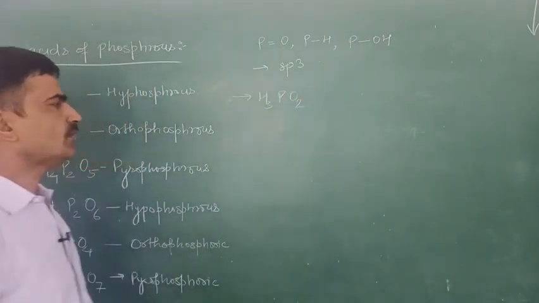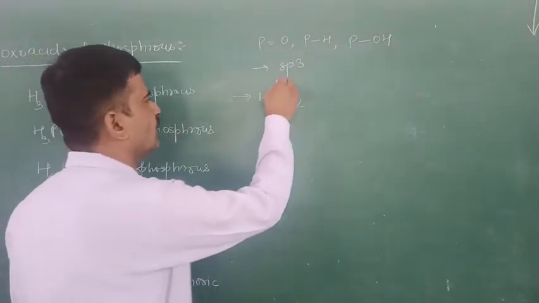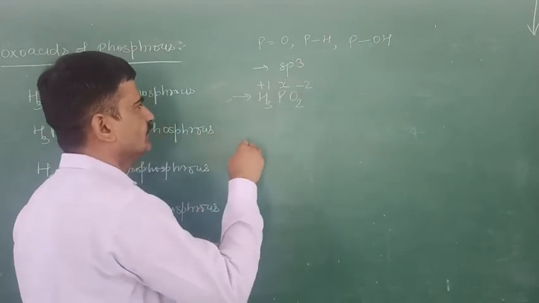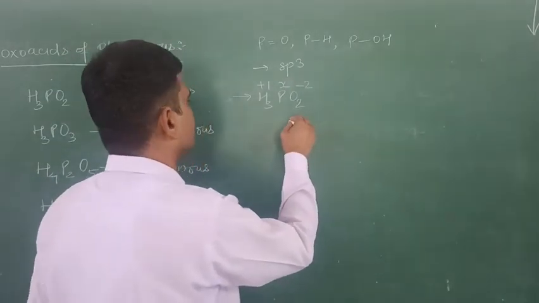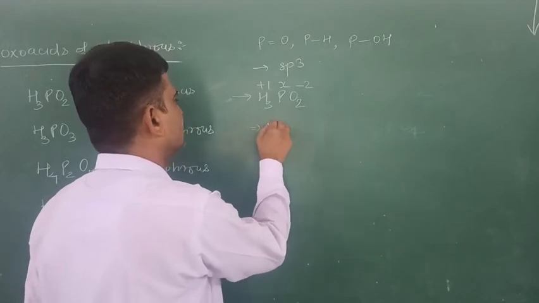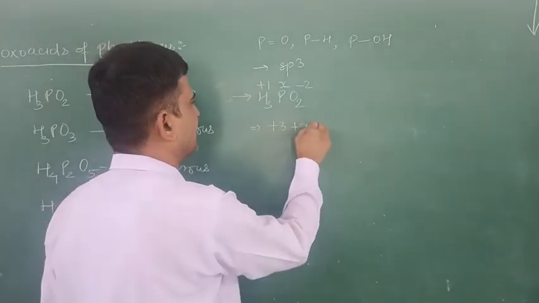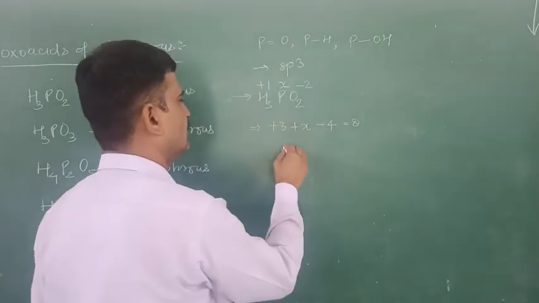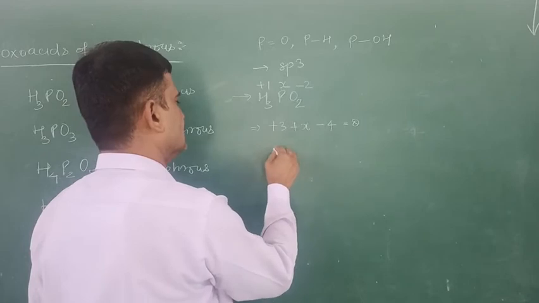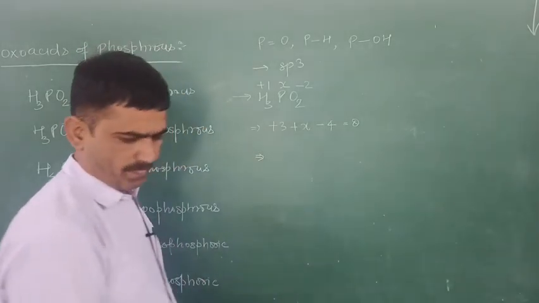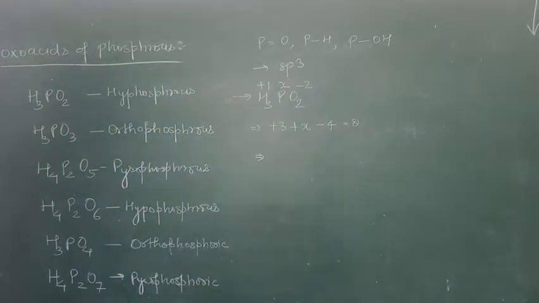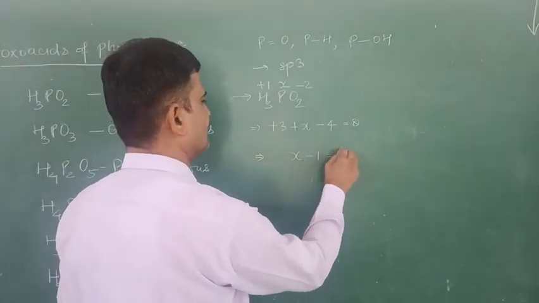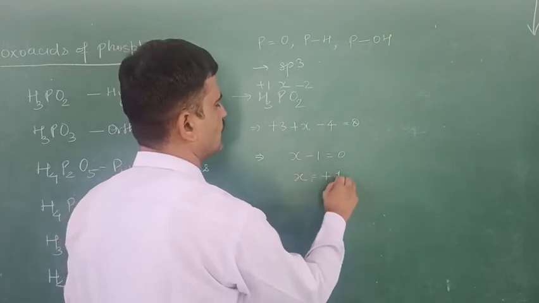H3PO2. In H3PO2, this phosphorus is in what oxidation state? +3 plus x minus 4 is equal to 0, so x is equal to +1.